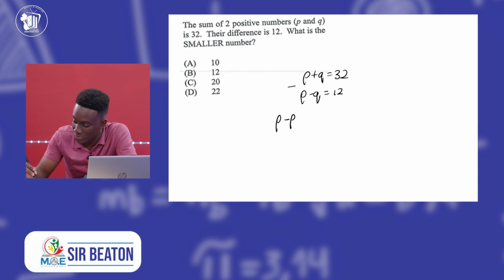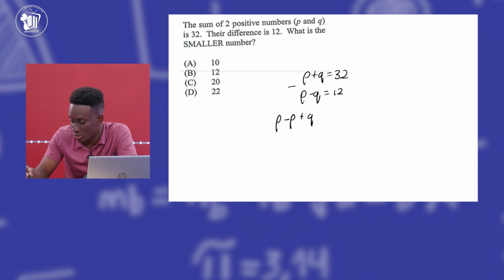So we'll have P subtract P plus Q subtract a negative Q is equal to 32 subtract 12.